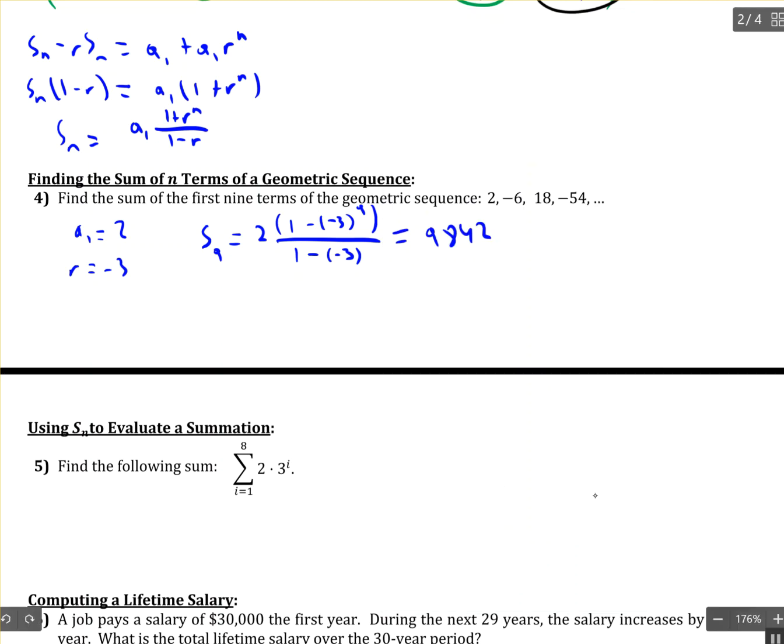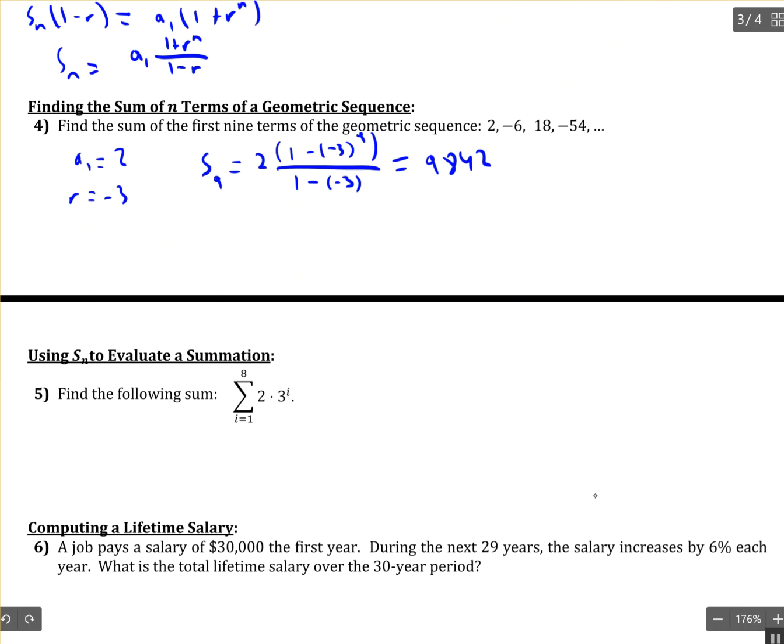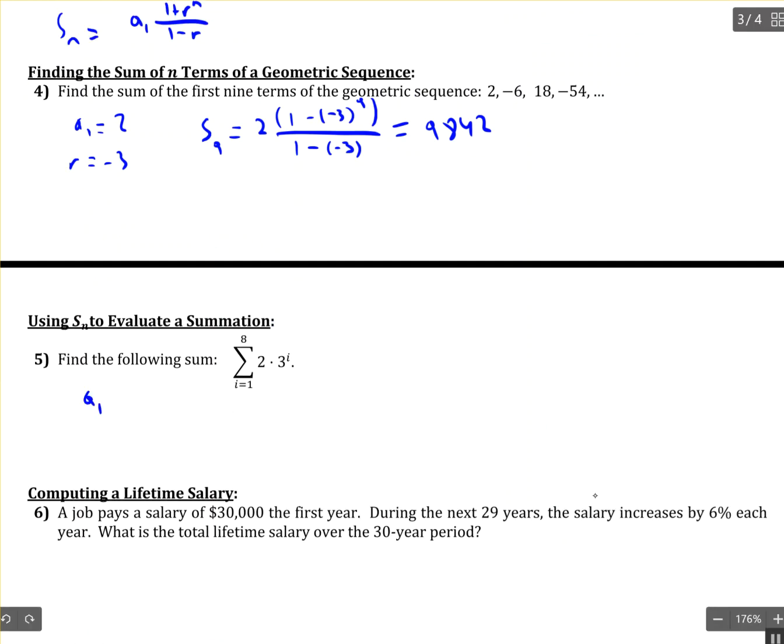So if we want to evaluate this summation, again, we need to figure out what A1 is. Plug in i equals 1. 2 times 3 to the first is 6. And we're multiplying by 3 each time, so r equals 3. So it's going to be the eighth partial sum.